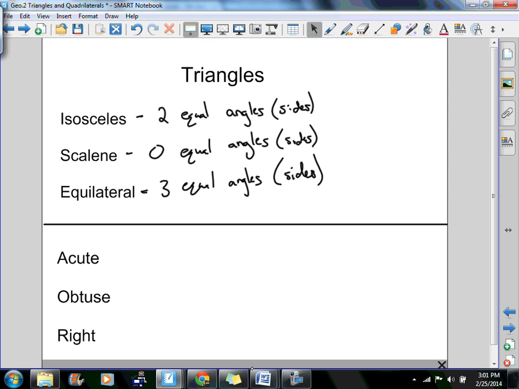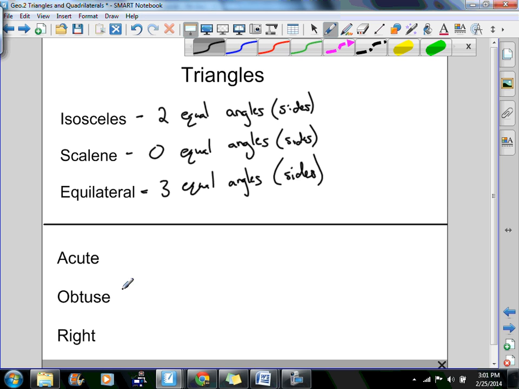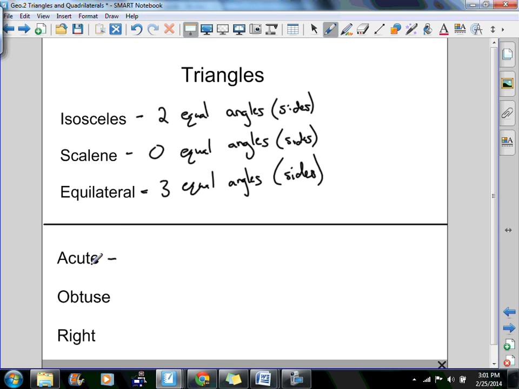So that is the first grouping, which means that a triangle will always be one of those three and one of these three down here on the bottom. So an acute triangle means all angles are less than 90 degrees. An obtuse triangle then has one angle over 90 degrees.